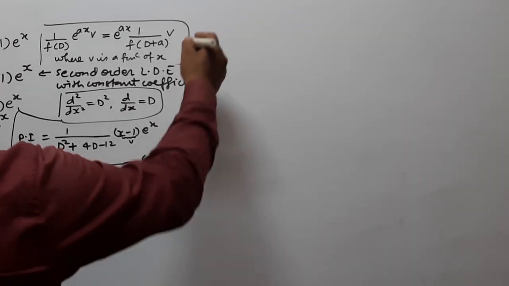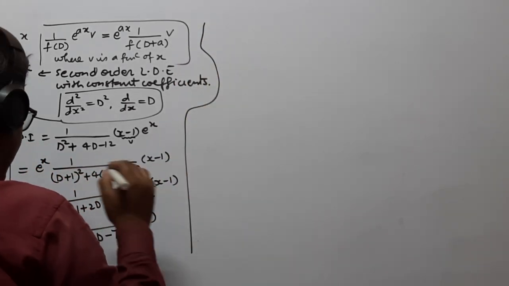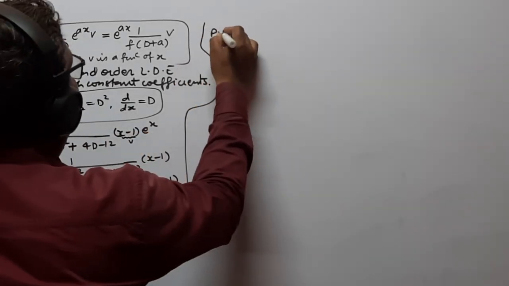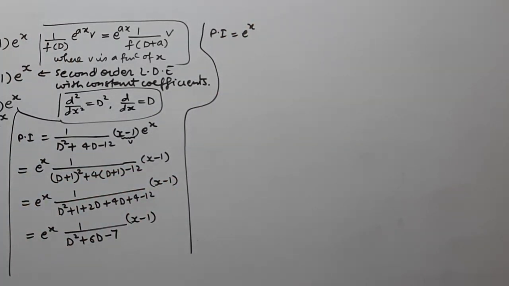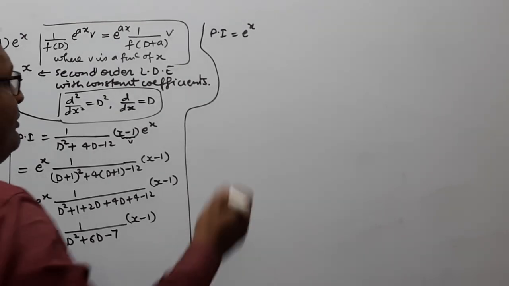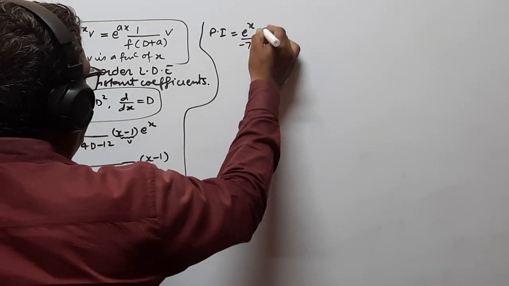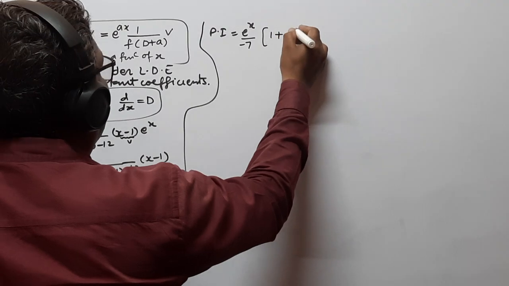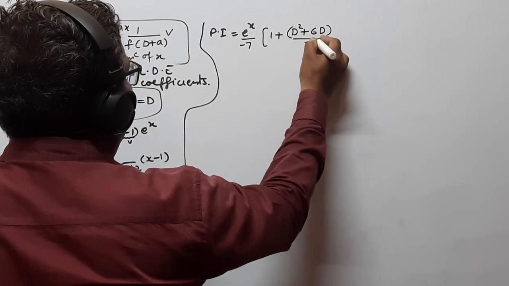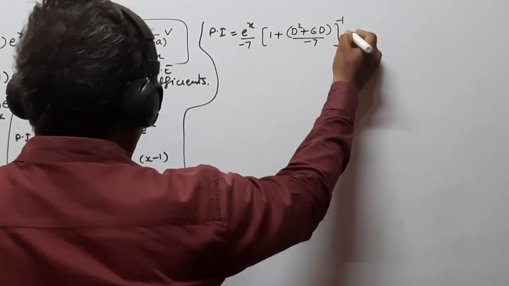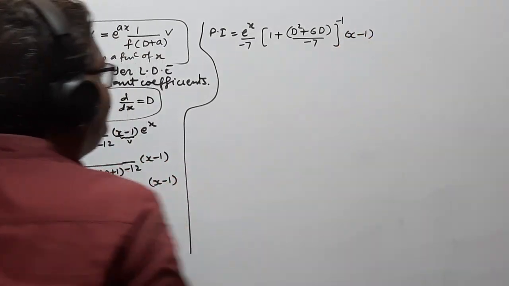So for finding the particular integral of x minus 1, we take common here minus 7. So minus 7 common here, and 1 plus (D square plus 6D) divided by minus 7, whole power minus 1, x minus 1.